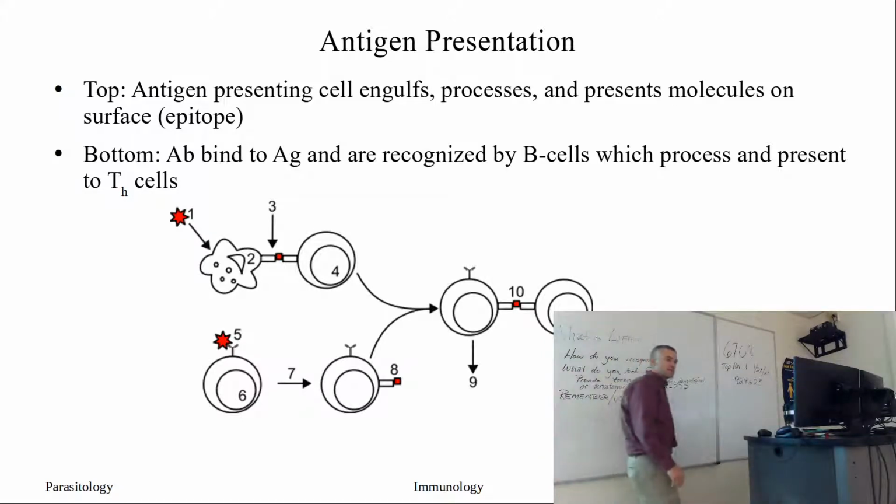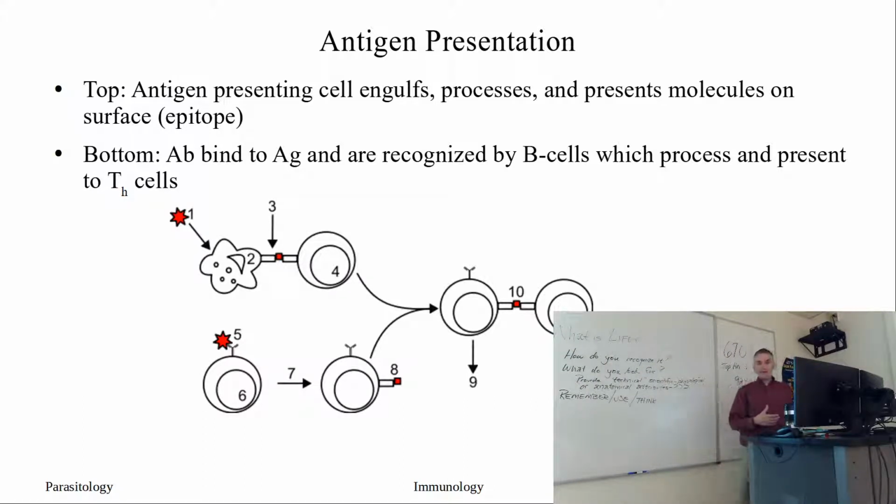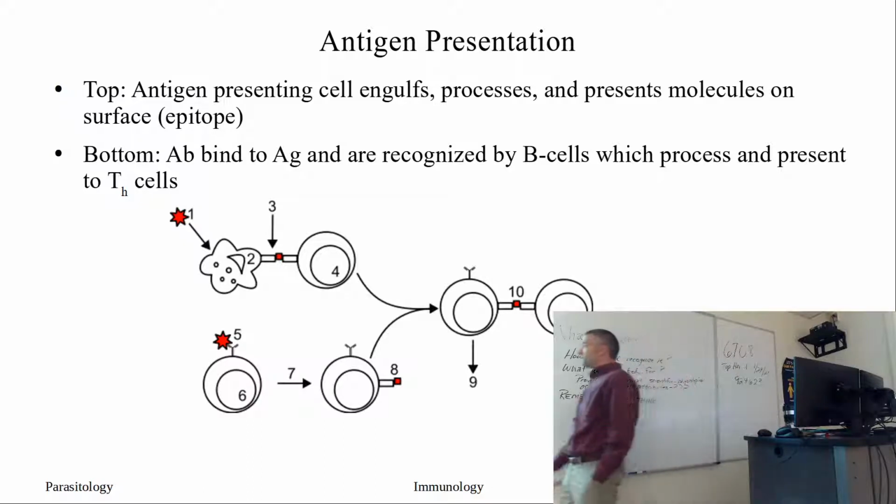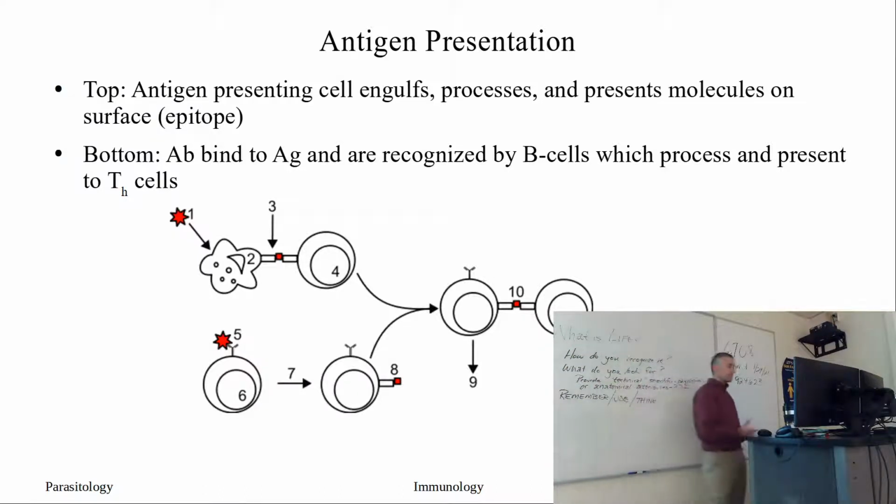Okay? Forms B cells, and that starts to get our memory response started. That memory response, B cells, are going to make new B cells, memory B cells, that will have the antibodies on them. So if we see that again, we bind, we initiate the response, and that often leads to increased production of the antibodies and the B cells itself.